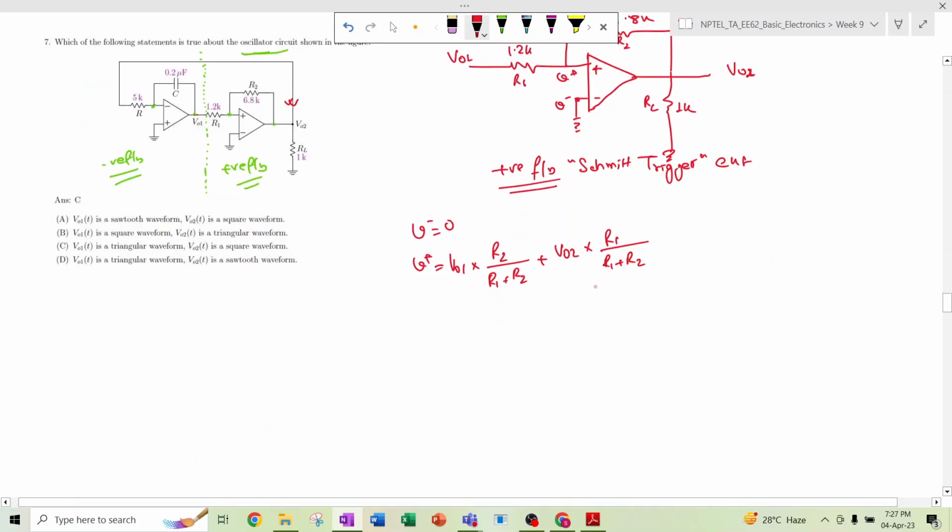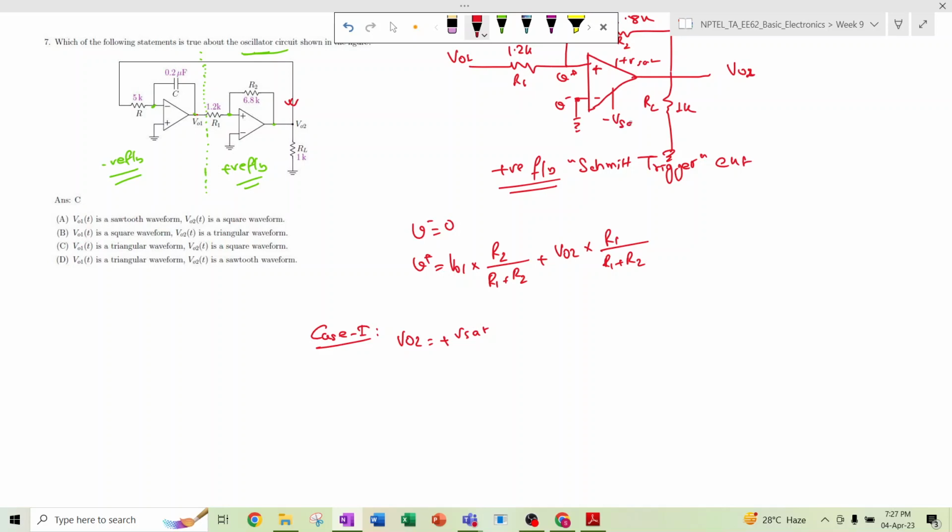Now case number 1, consider this VO2, the output is in saturation region, that is plus Vsat. So suppose there is plus Vsat DC bias and this is minus Vsat, DC bias is applied.